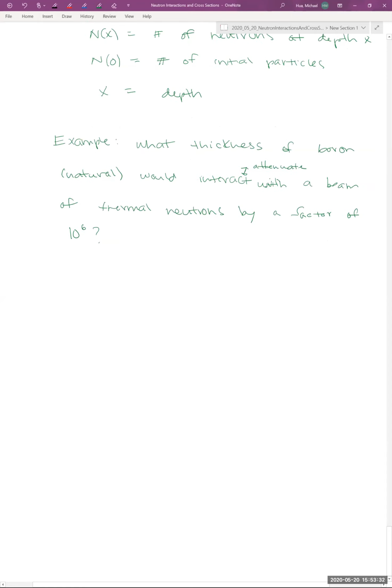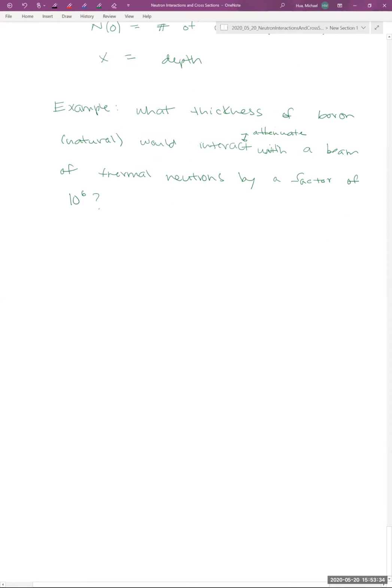So what we're saying is I want the fraction of particles that interact to be 1 over 10 to the 6. And what I want to do is calculate X. So what this question is saying is, what is X?